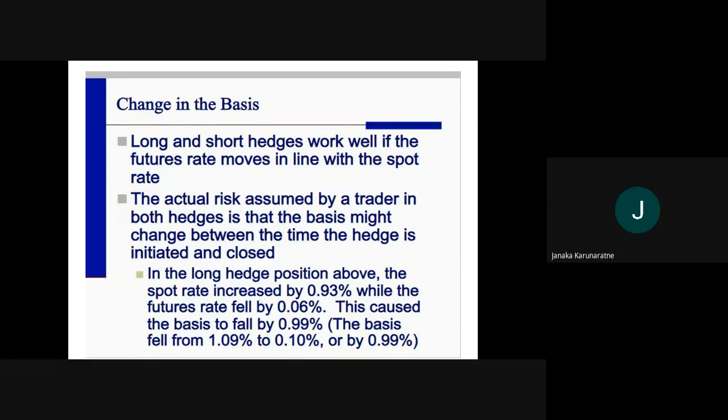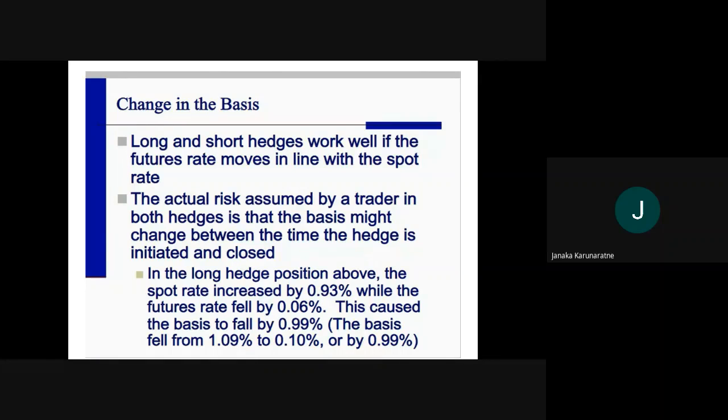Change in the basis: long and short hedges work well if the futures rates move in line with the spot rates. In the previous graph, the changes in futures rates and cash rates are quite different. The futures rate fluctuations are very significant compared to the cash rates.